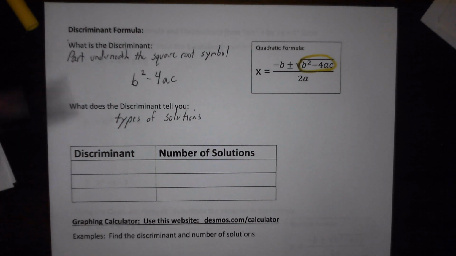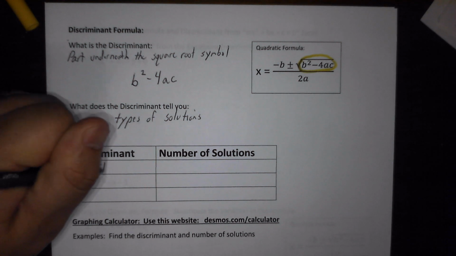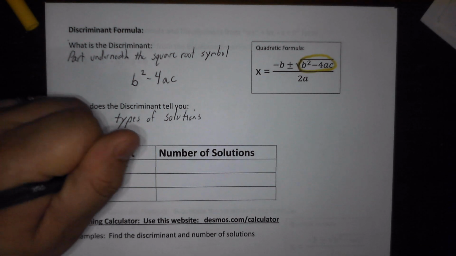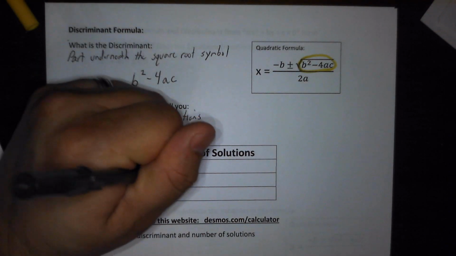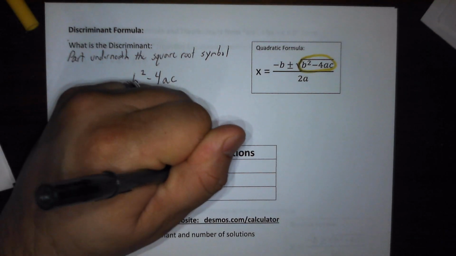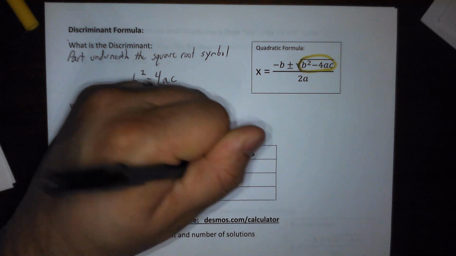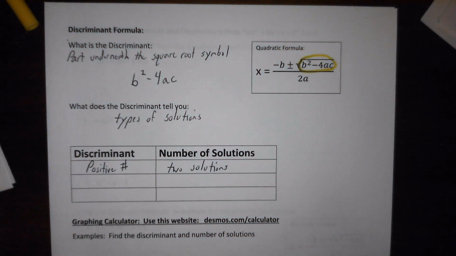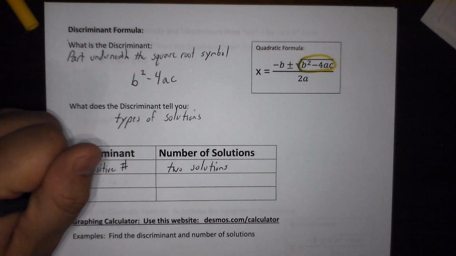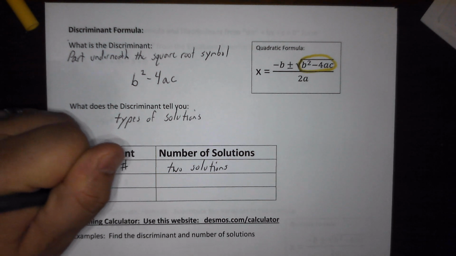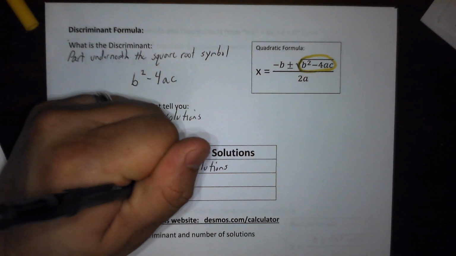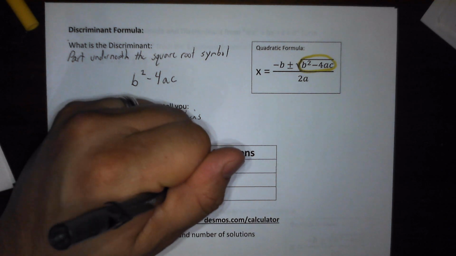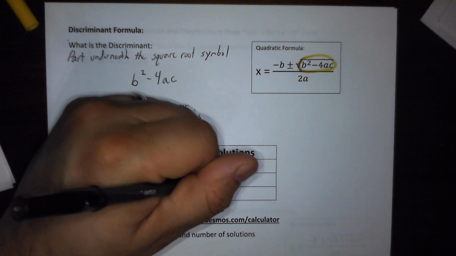If I solve this and I get a positive number, that means I'm going to have 2 solutions. And that's probably going to be the case most of the time. If I get a negative number, I might have no solution.